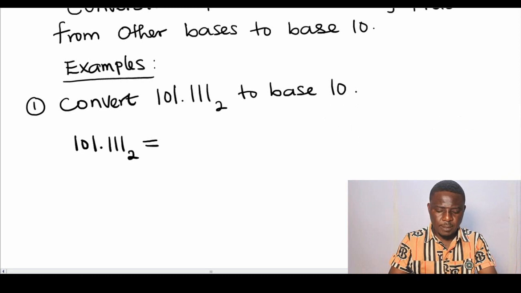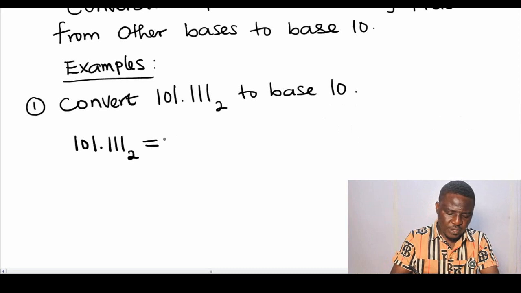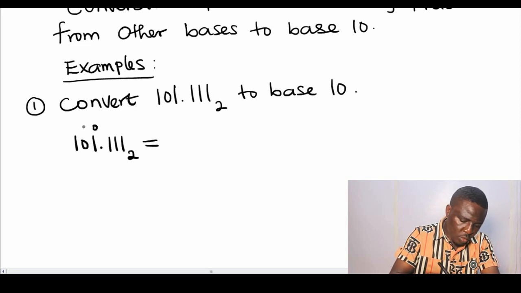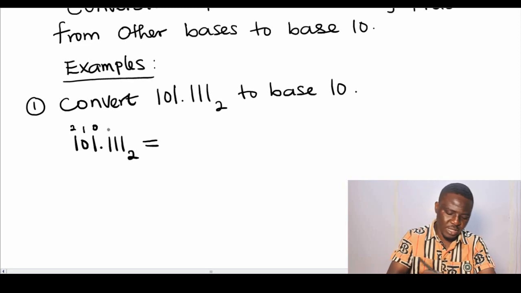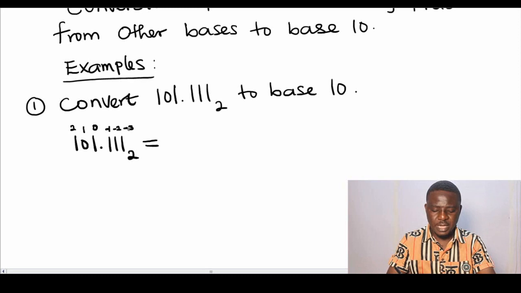Let's first assign the place values to each of the digits. These are 0, 1, and 2, while digits to the right of the decimal point will be assigned negative place values. The first digit is going to have a place value of -1, the second -2, and the third -3.